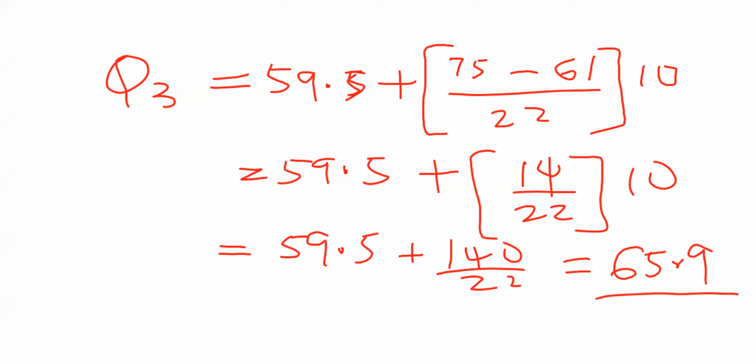That is the solution to our Q3. Now we have gotten Q3. It's just to follow that same method and get Q1 so that we can apply interquartile range and semi-interquartile range. I hope it's not that difficult.